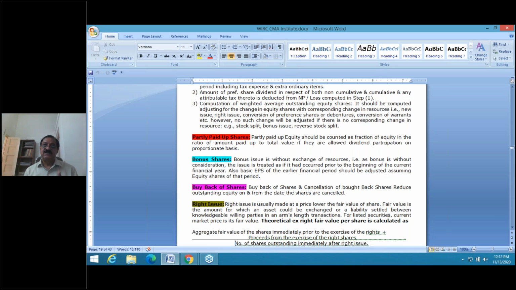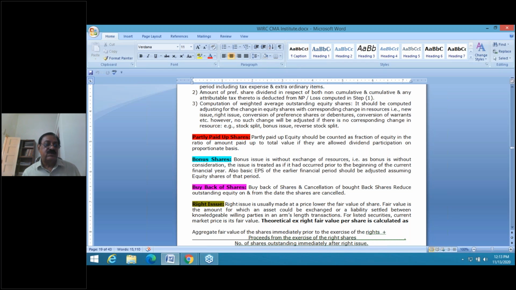So 1 lakh plus 25,000, 1 lakh 25,000 will be my weighted average number of shares in that case. That is partly paid shares. So 2 types of weights: value weight, time weight, and then you find out your weighted average number of shares outstanding during the corresponding period. Bonus shares. As I said, bonus issue is without exchange of resources.